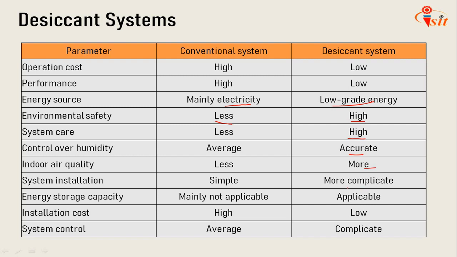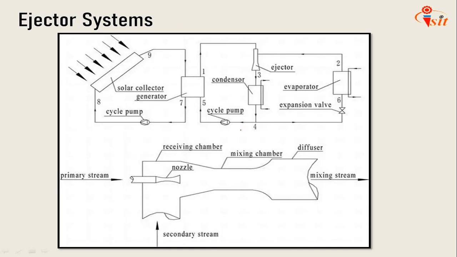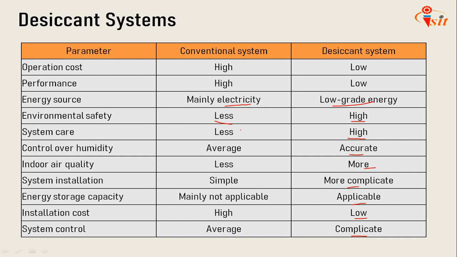System installation is more complicated in the desiccant system. Energy storage capacity is applicable here. Installation cost is very low in desiccant, and system control is complicated in the desiccant system as compared to the conventional system. So these are some comparison parameters, and we can use a desiccant system wherever it is possible.